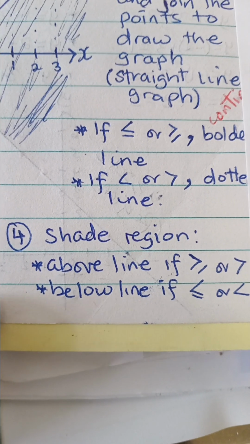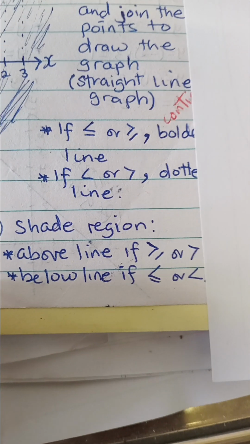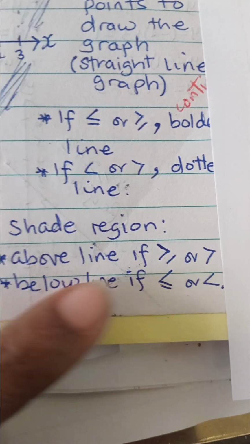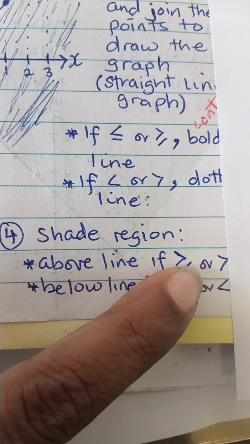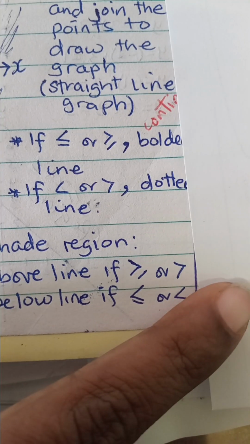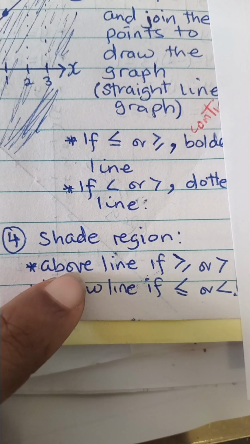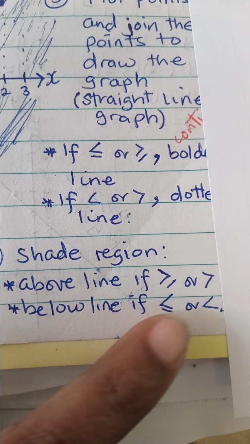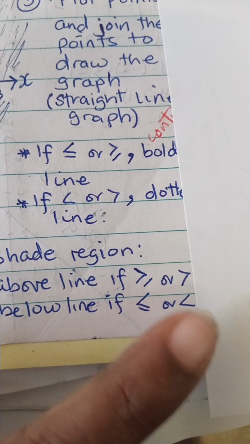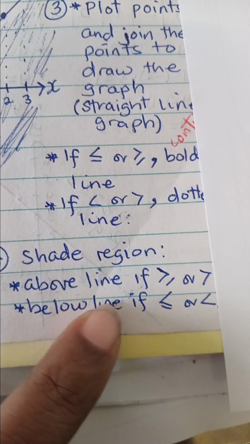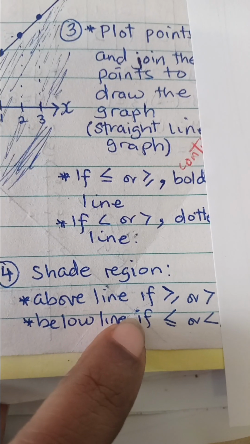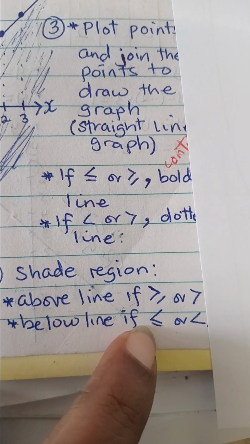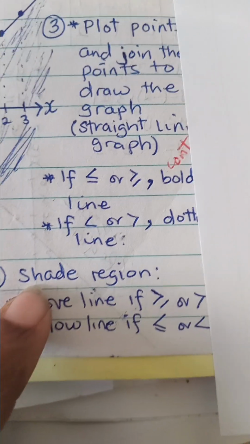Step number 4, where we shade the region, again depends on the inequality sign. If you have greater than or equal to, or just greater than, then you shade the region above the line. If you have less than or equal to, or less than, then you shade below the line. Take note, the emphasis is on the greater than or less than. If you have greater than, you shade above.